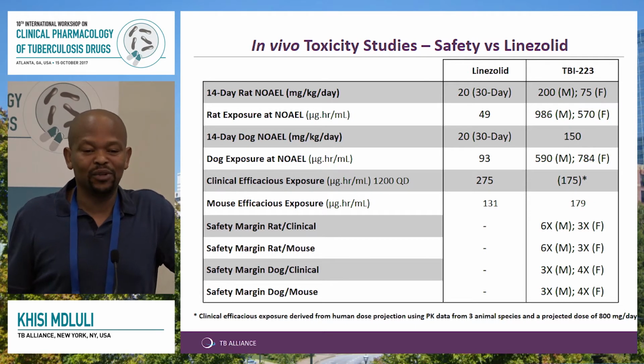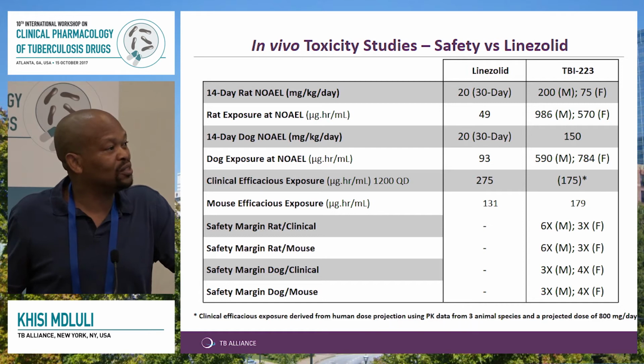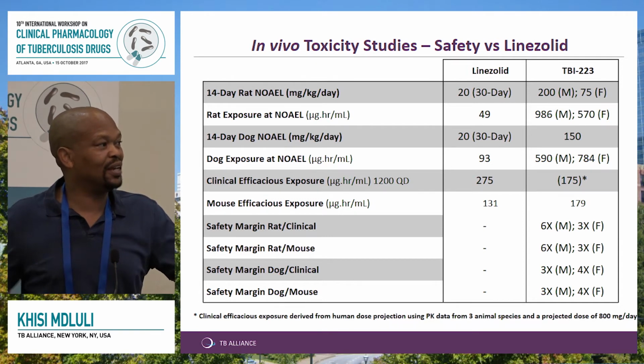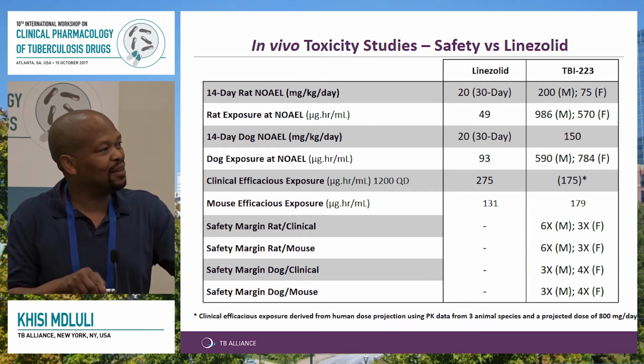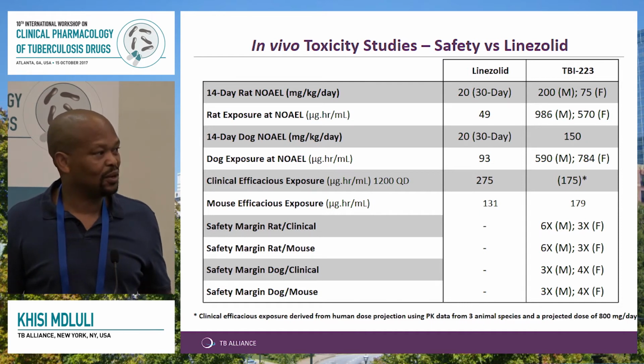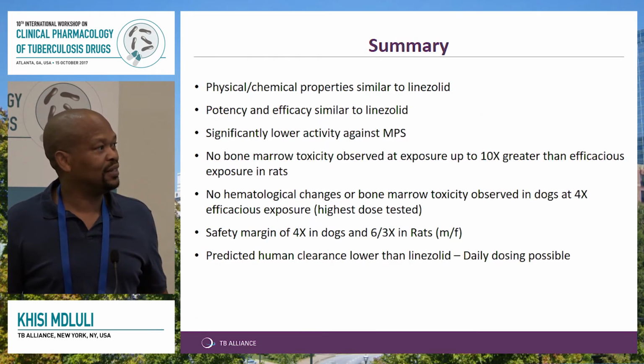And then the dog exposure, again, ours were getting much higher exposure with no issues, whereas linezolid at 93 is already, you have issues. The clinical efficacious dose, clinical efficacy exposure for linezolid, 275 versus 175 for us, we think we're going to get away again, because we don't need as much exposure to get the efficacy that we get. And then all these safety numbers are basically based on comparing this efficacious dose versus this efficacious dose, or these efficacious doses for the rat and the dog. So again, our compound is doing much better than linezolid.